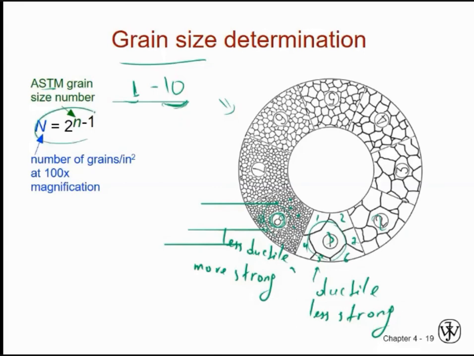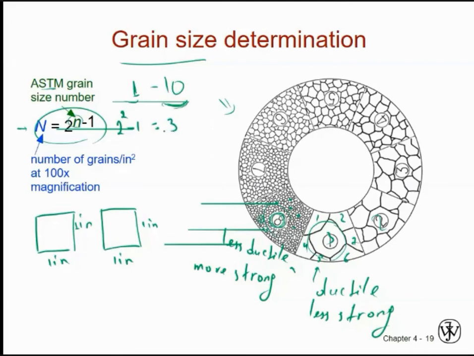So here we have an equation. N is the number of grains. This small n is the grain size number. So how do we calculate it? We have space. I will draw 2 rectangles. Each one is 1 inch squared. Let's say if grain size number is 2, it will be 2^(n-1), which is 2. Sorry, for n = 3, that means in 1 inch square I have 3 grains.